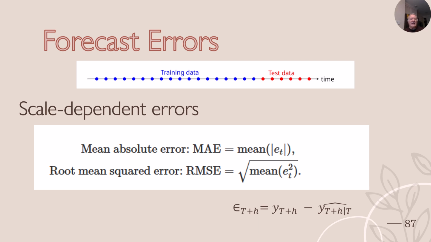So if we look at our scale dependent errors, we talk about the mean absolute error, and that's just the average of all the errors. So we take our actual data minus our model data and take the average of it. We use the absolute value because if not, we could have huge errors, but some of them are positive and some of them are negative.